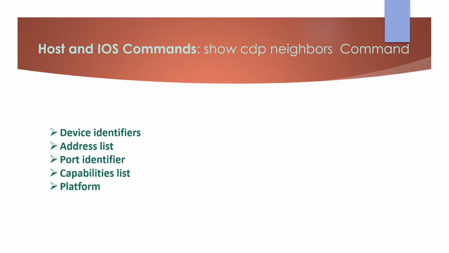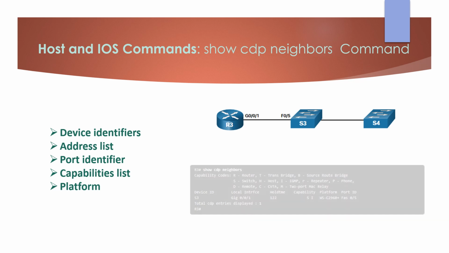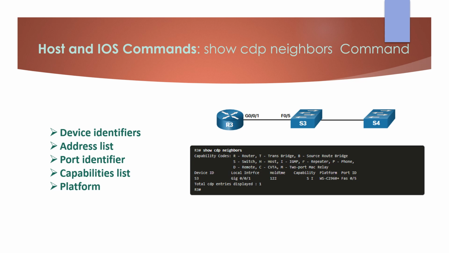Referring to the topology that we have here, and by using the show CDP neighbor command, we have this output. Here it is displayed that router 3 uses the interface GigabitEthernet 0/0/1 to connect to the FastEthernet 0/5 interface of switch 3, in which it is listed that switch 3 is a Catalyst 2960 switch.